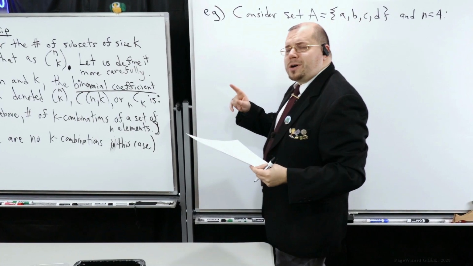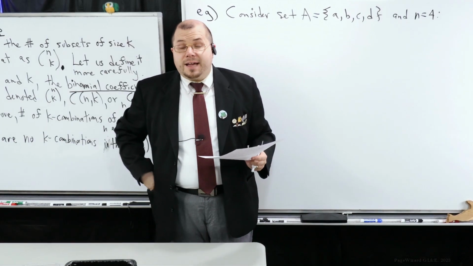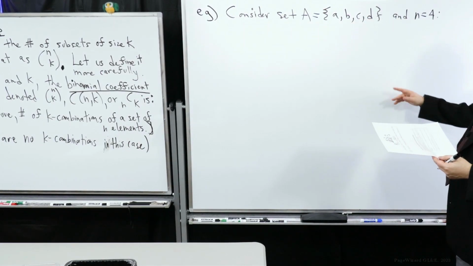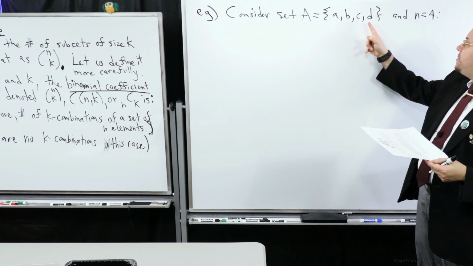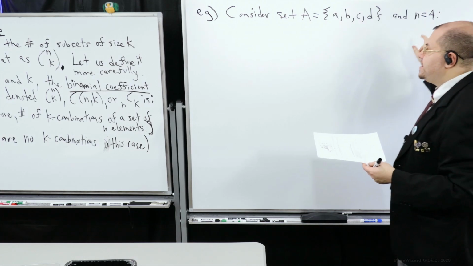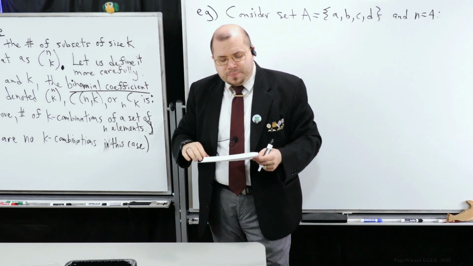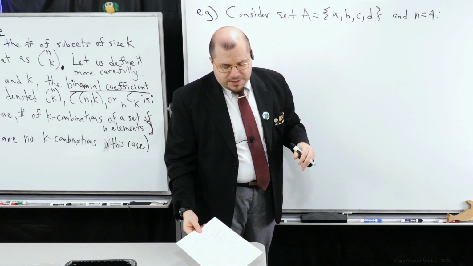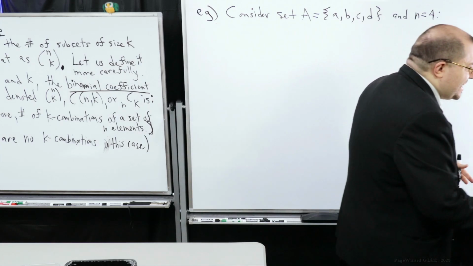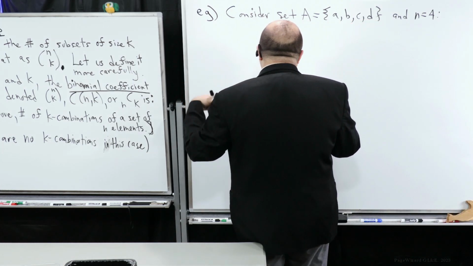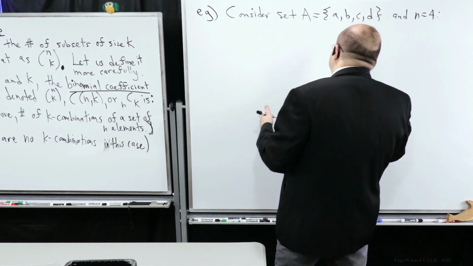Okay, so we're going to consider the set A that has 4 elements in it: 1, 2, 3, 4 elements, A, B, C, and D respectively. That means the size of this set is 4. Now we're going to try different values of k, just to see what exactly comes out of this n choose k business and what it represents.